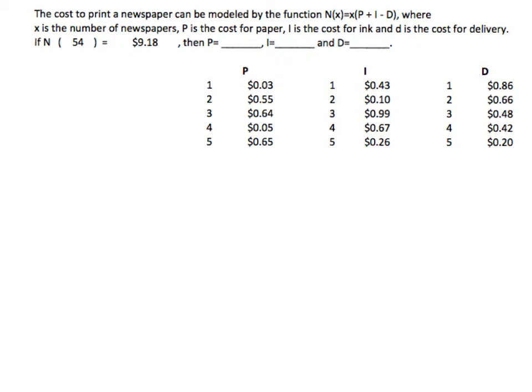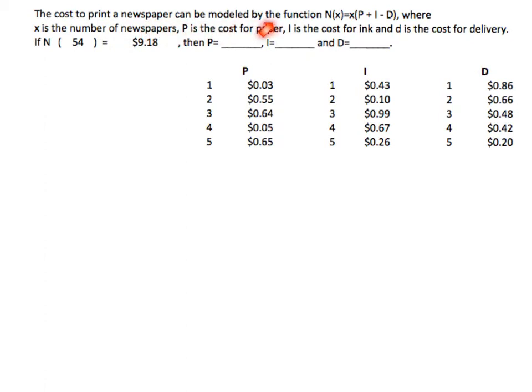For this problem, the cost to print a newspaper can be modeled by the function n of x equals x times the quantity p plus I minus d, where x is the number of newspapers.